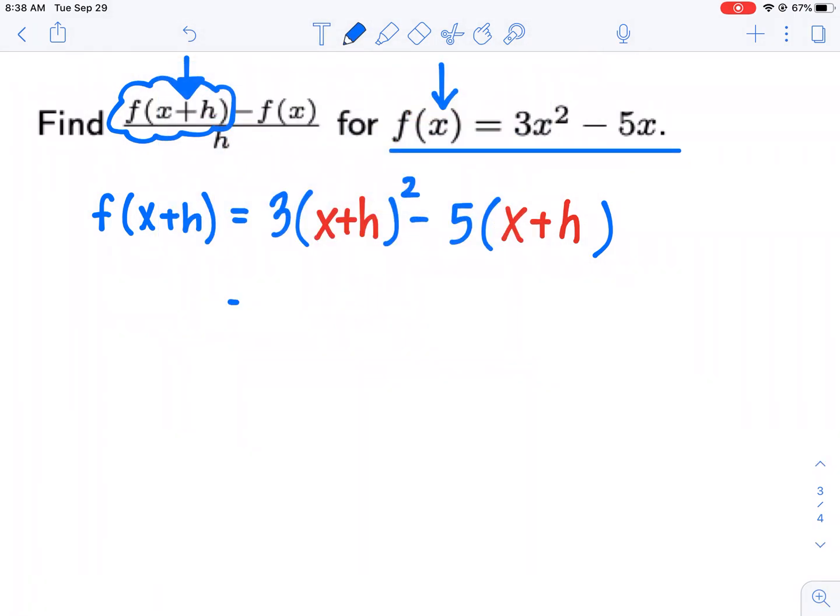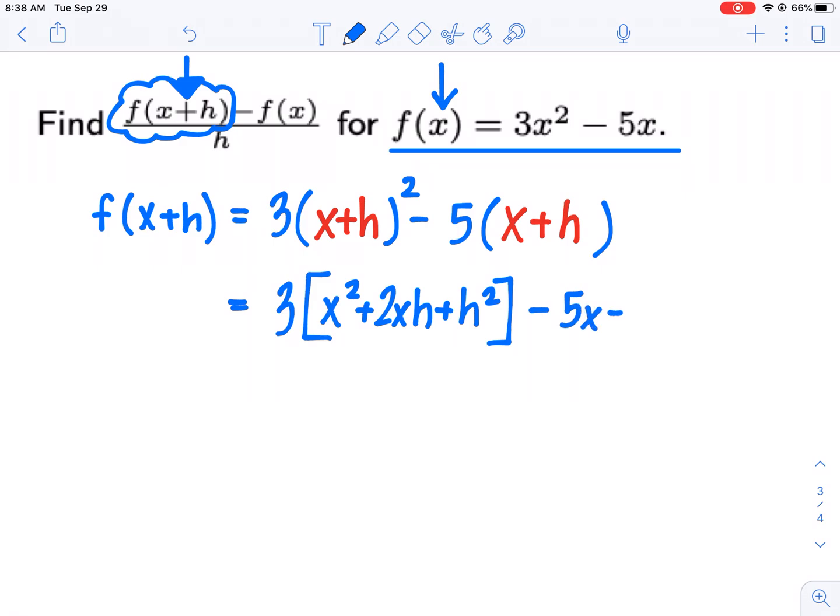I'm going to simplify this. I'm going to get 3. I'm going to FOIL here. I'm going to distribute the negative 5. I'm now going to distribute the 3.